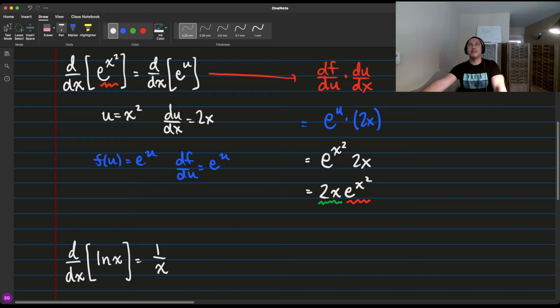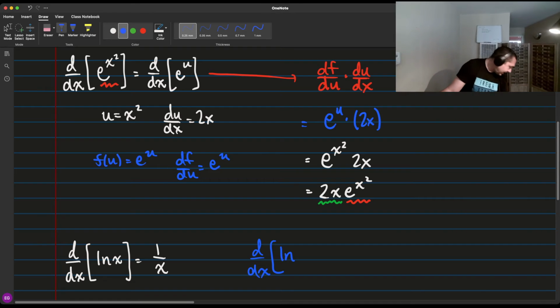The derivatives of exponentials and logarithms are quite straightforward. It gets more complicated, just like with the exponential, if you have something more complicated than x in there.